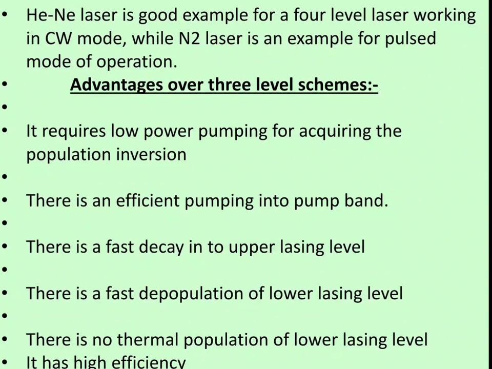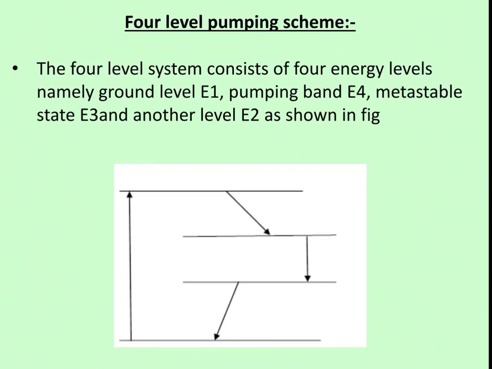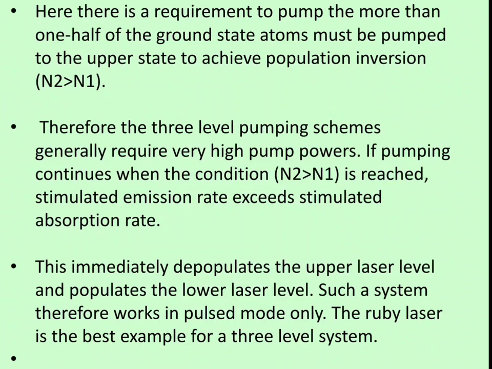In 3-level laser pumping, there are some drawbacks also. The lower laser level is the ground state. To achieve population inversion, we have to transfer more than half of the atoms to level 2. For that, very high pumping is required.